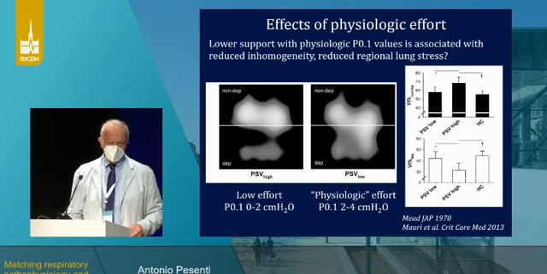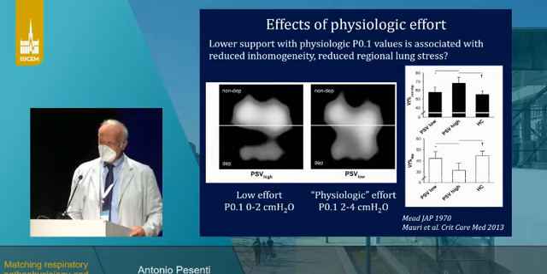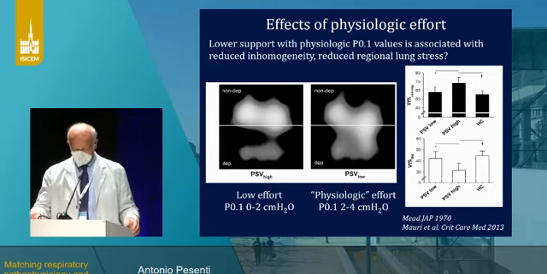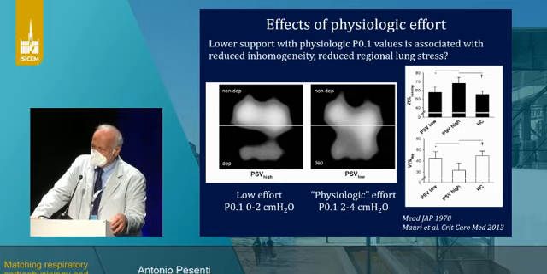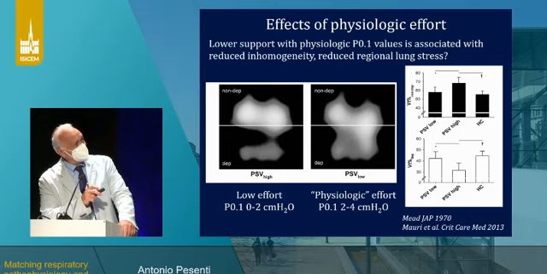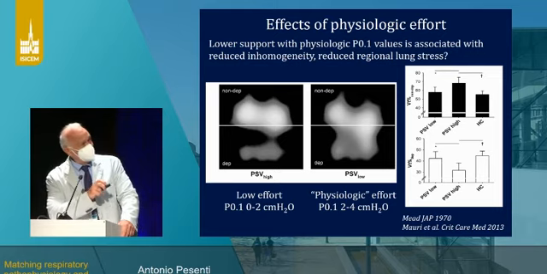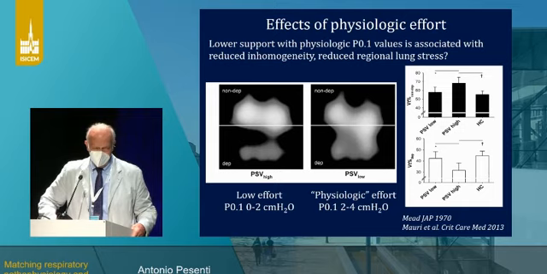What is this? Pressure support? Why use electrical impedance tomography in pressure support? Well, you see as an example here, this side we have a high level of pressure support, same patient with a very low level of pressure support, almost CPAP.